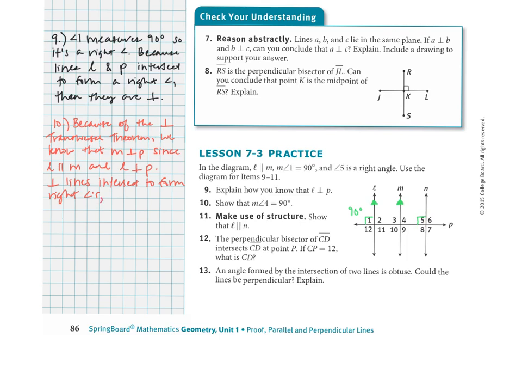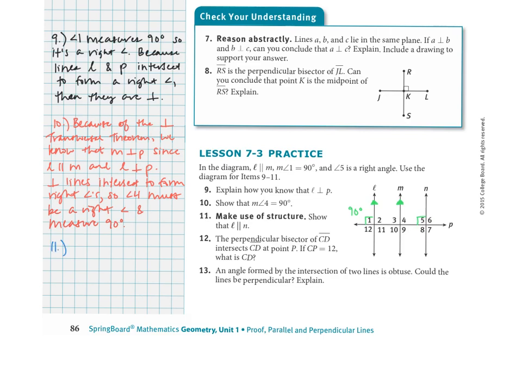So we're going to say, so angle 4 must be a right angle and measure 90 degrees. And that's exactly what we're trying to show. The measure of angle 4 equals 90 degrees. Let's go ahead and look at number 11.